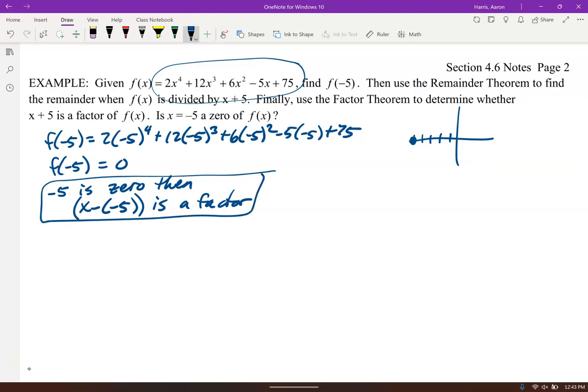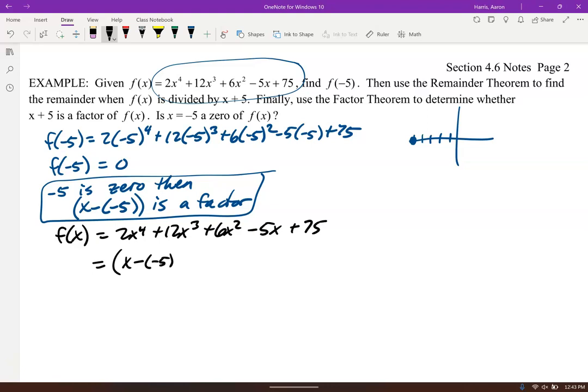Okay, if you have a 0, then you know one of the factors. So what we're going to do is go ahead and do the division. We're going to take f of x being 2x to the fourth plus 12x cubed plus 6x squared minus 5x plus 75. And we're going to divide it by, we know -5 is a 0, so x minus -5 is a factor. And we're going to find the rest of this.